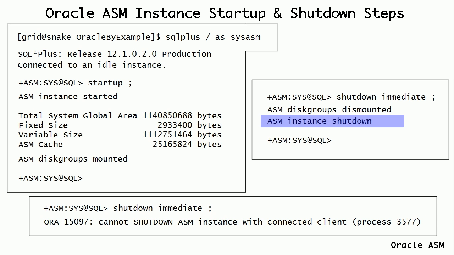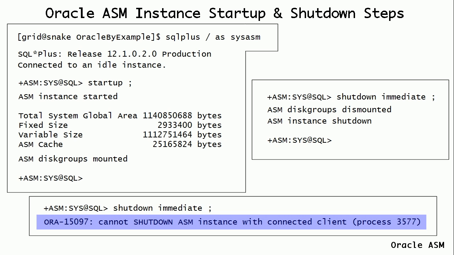Then Oracle ASM instance is shut down. If any database instances are still connected to the Oracle ASM instance, then the shutdown command returns ORA-15097 error and leaves the Oracle ASM instance running.